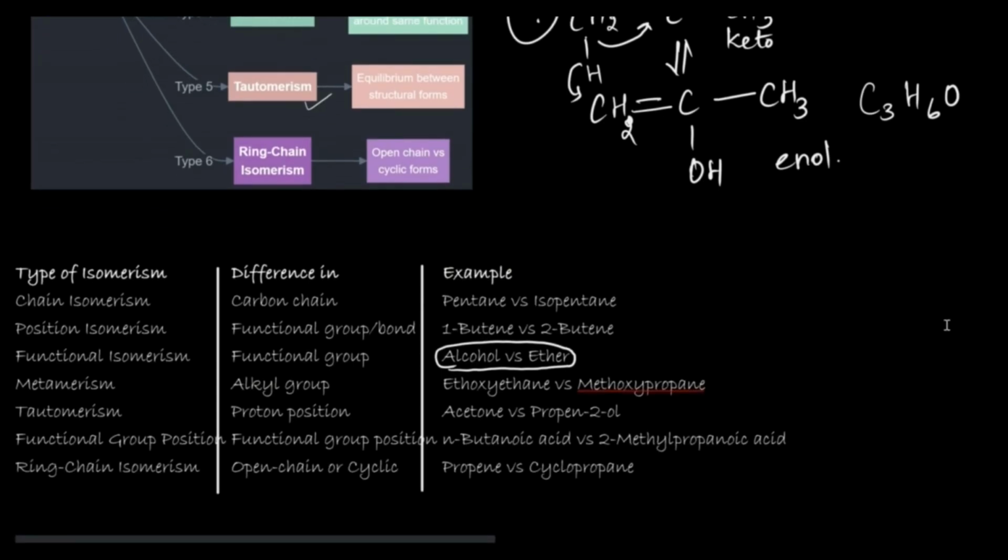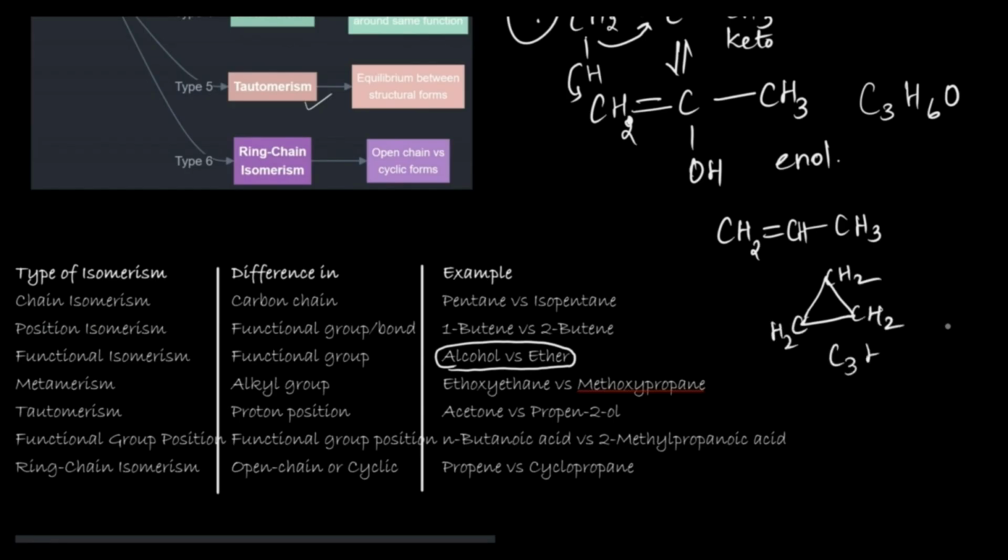That is very, very simple. If I write it in a chain, I can write it in a ring model also. How? Let's say I take propene and cyclopropane, CH2CH2CH2.